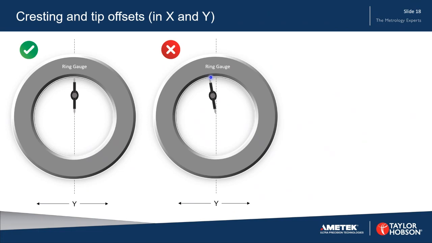So we're dealing here with tip offset, and we've just looked at tip offset in the Y direction. There is also a tip offset in the X direction, but we'll come to that a little bit later.